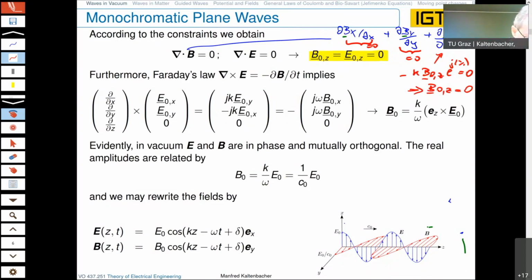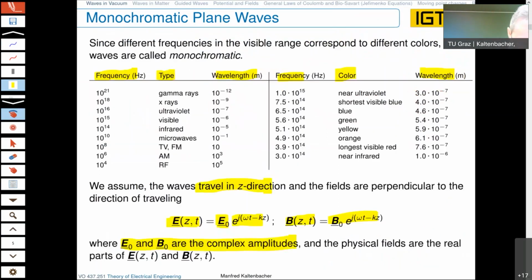Okay. Now we want to get the relation between E and B. That is for us of importance. And there we can use Faraday's law, where we have this relation. So we have to take the curl of E and the time derivative of B. And again, what we substitute is our ansatz we have here.